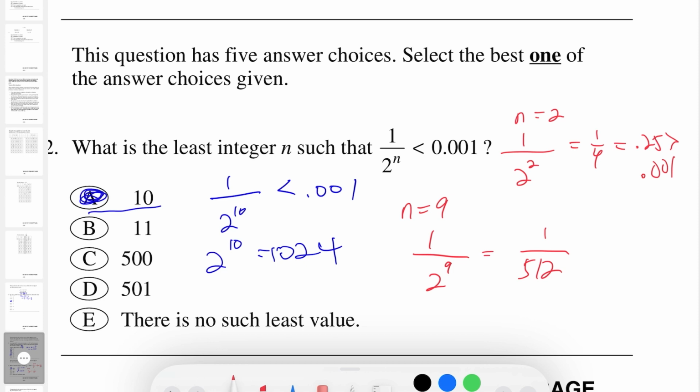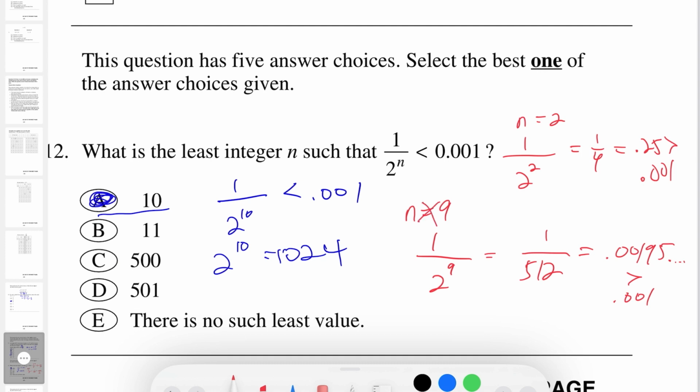In my calculator, when I put that in, I see that is 0.00195 and more numbers after that. 0.00195 is bigger than 0.001, and so that is clear. n cannot equal 9 because that doesn't make this statement true, but n equals 10 is the smallest integer that makes it true.